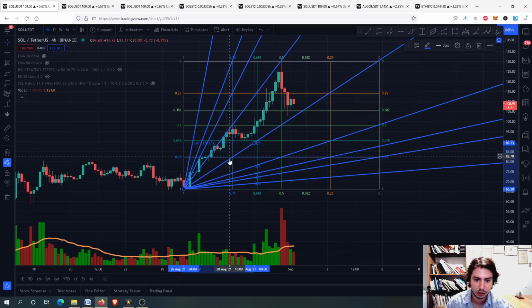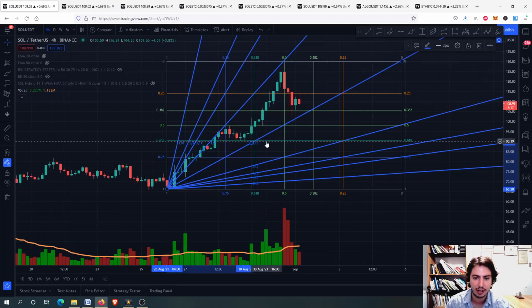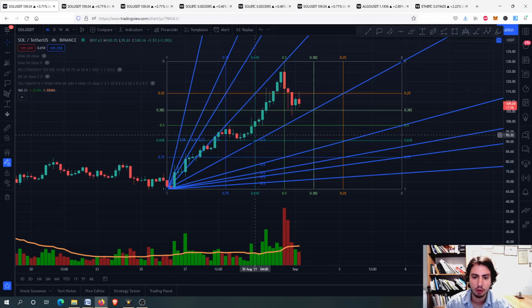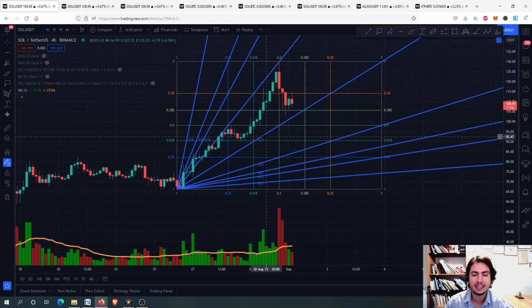For example, it has to connect the 0.75, the 0.618, the 0.5 and so on. This will be our 45-degree angle because it goes diagonally through the square. There we go. We have found the 45-degree angle, which is the 1-1.